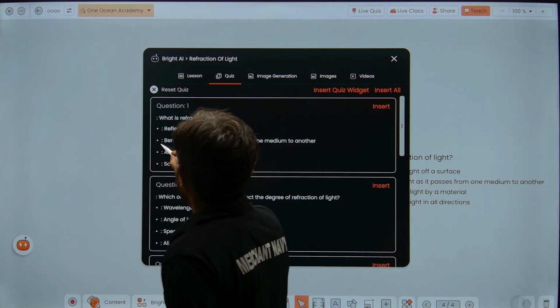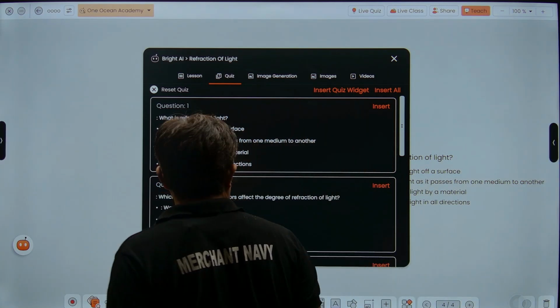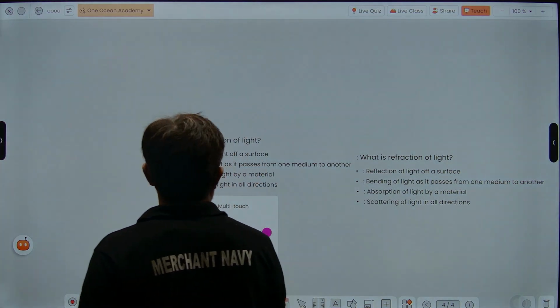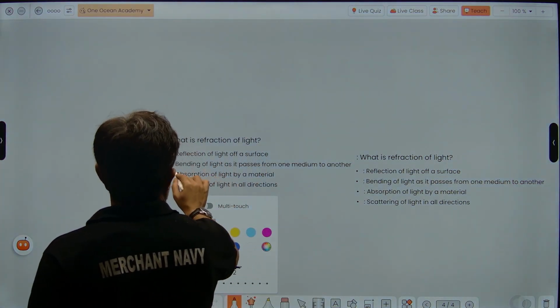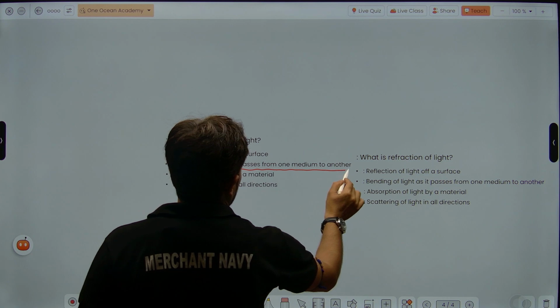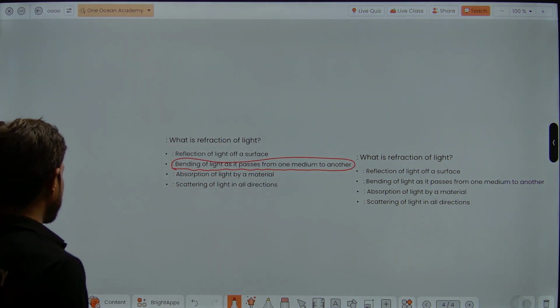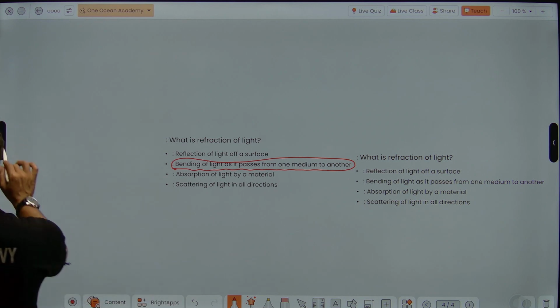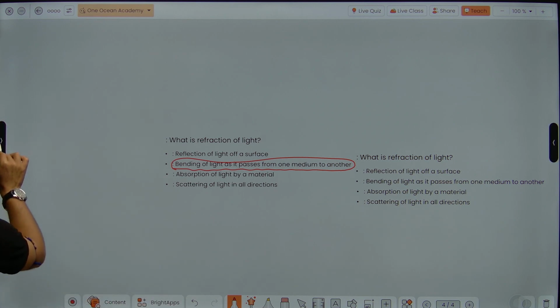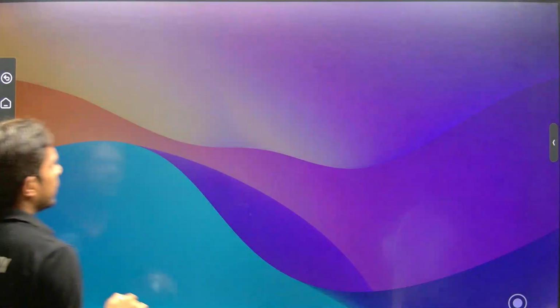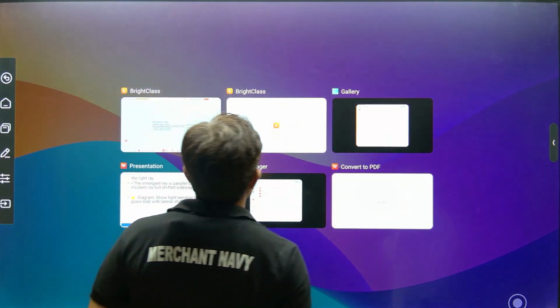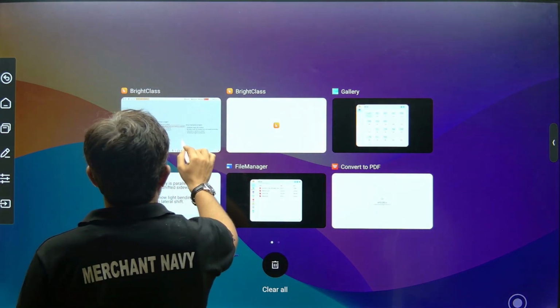So, the answer will be: bending of light as it passes from one medium to another medium. That is clear? Bending of light as it passes from one medium to another medium is known as refraction of light. Okay. Now, move towards another question.